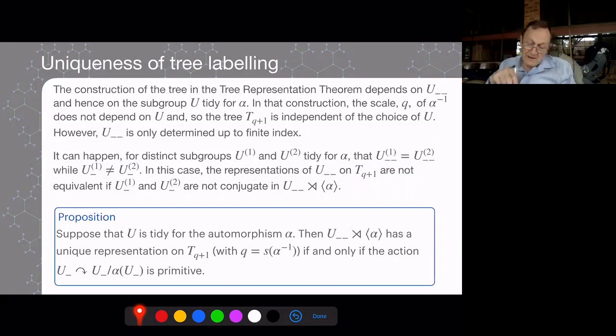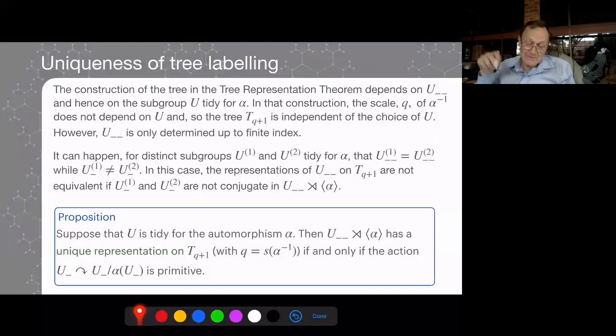And that can be described in terms of the action of U double minus on this coset space. So if U double minus acting on this coset space is a primitive permutation group, then this representation via the tree representation theorem is unique.